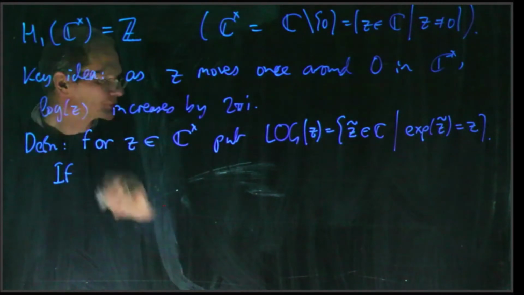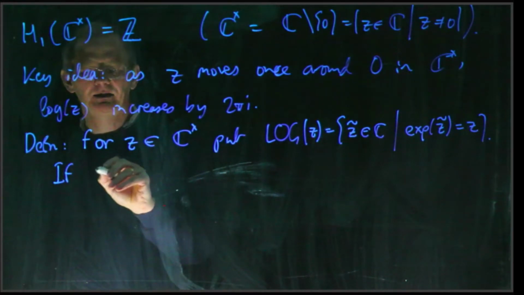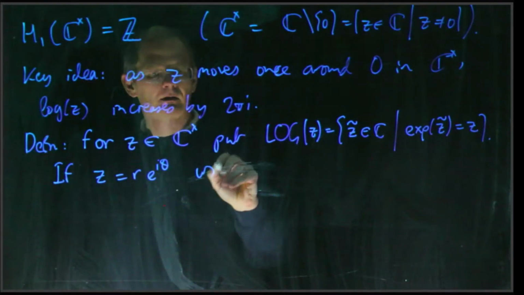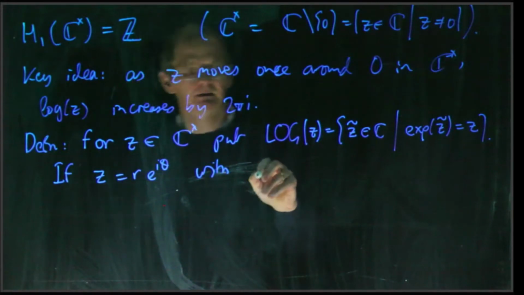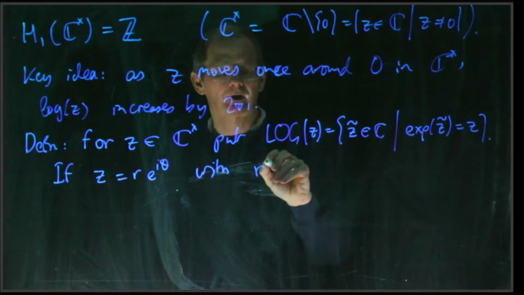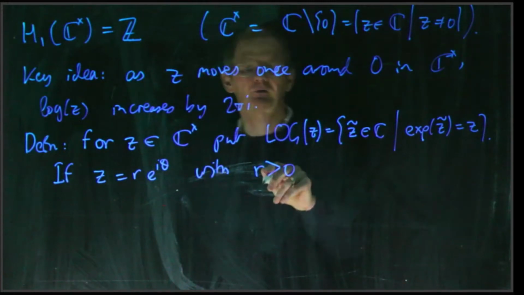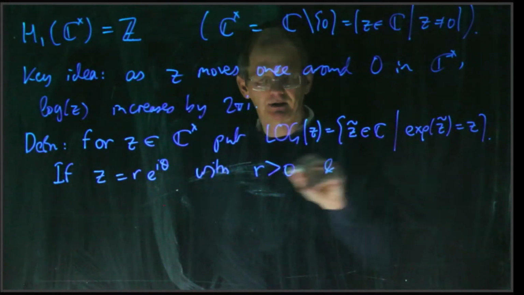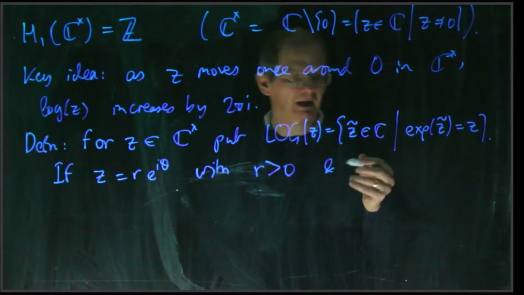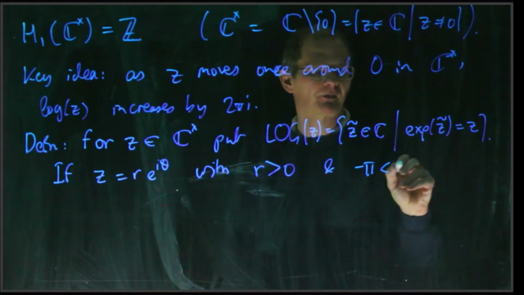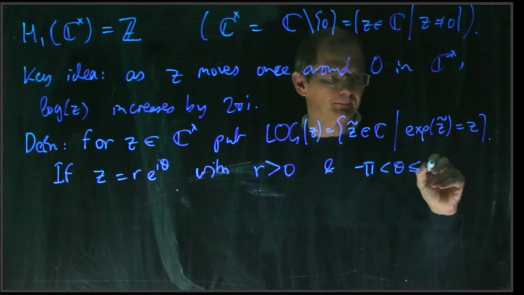What's the usual way to do it? We can say z is r e to the i theta, where r is strictly positive, assuming z is non-zero so the absolute value is strictly positive. Suppose we take theta in the normal range, minus pi less than theta less than or equal to pi.